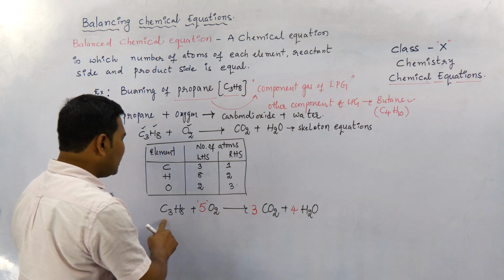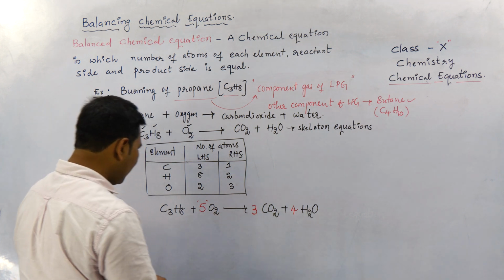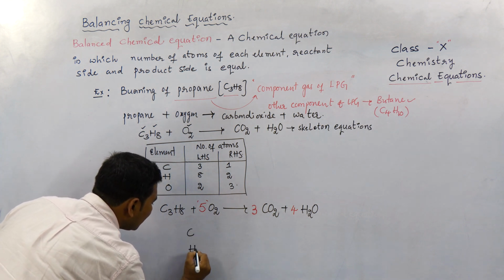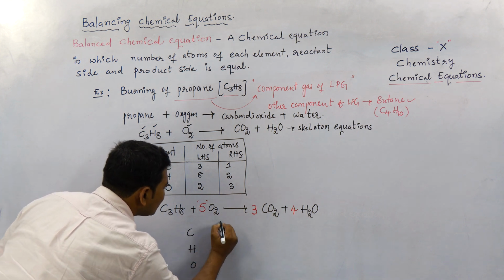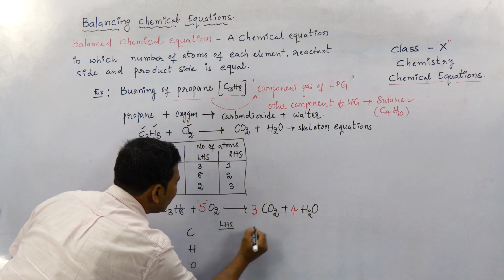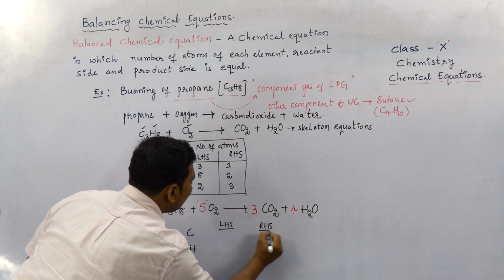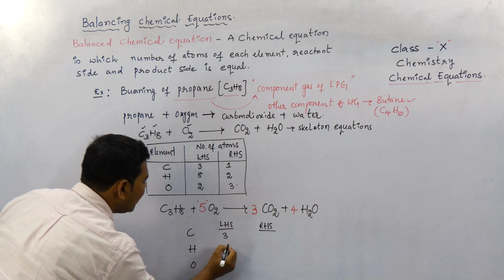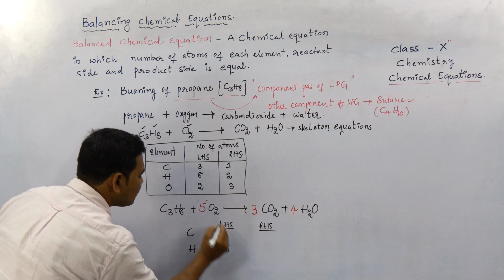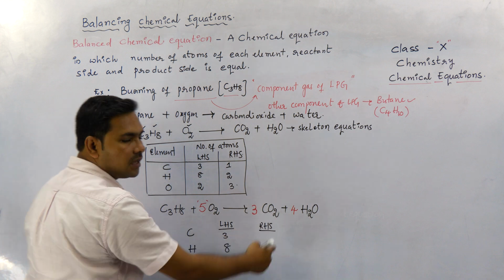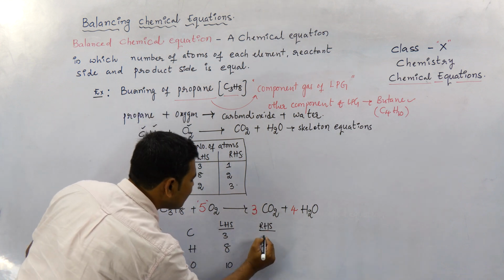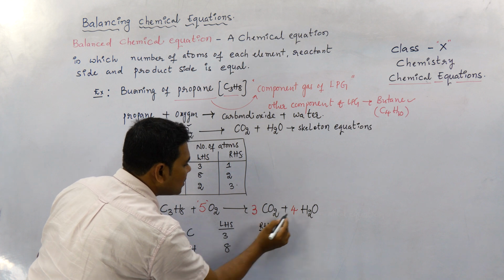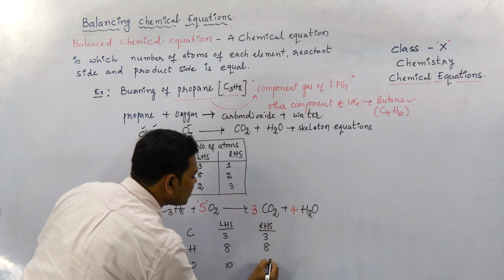Now we can verify. Let's write again the number of carbon atoms, hydrogen atoms, oxygen atoms on the left hand side and the right hand side. Left hand side: 3 carbon atoms, 8 hydrogen atoms, oxygens 5 2s are 10 oxygen atoms. Right hand side: 3 carbon atoms, 4 2s are 8 hydrogen atoms, 3 2s are 6, 4 1s are 4, total 10 oxygen atoms.